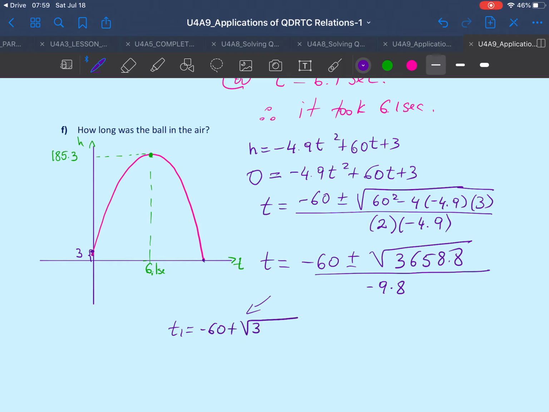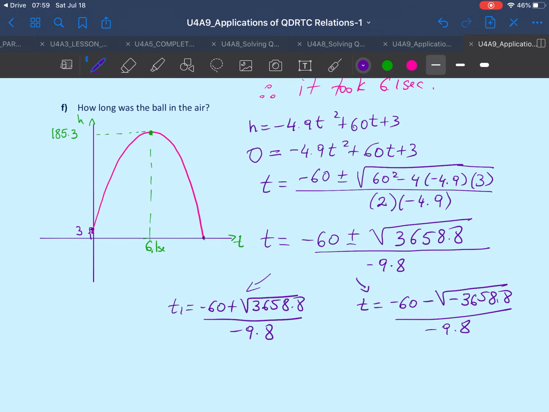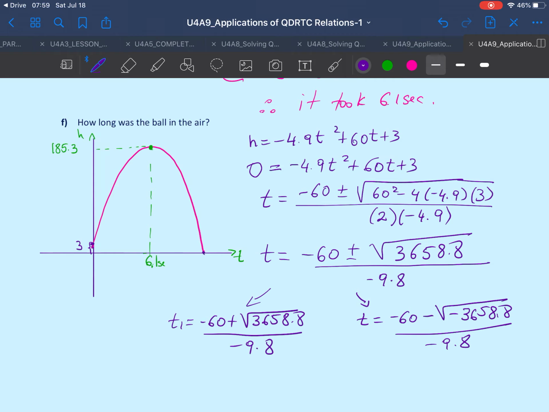T1 is negative 60 plus the root of 3,658.8 over negative 9.8, and T2 is negative 60 minus the root of 3,658.8 over negative 9.8. Okay, so let's use a calculator.